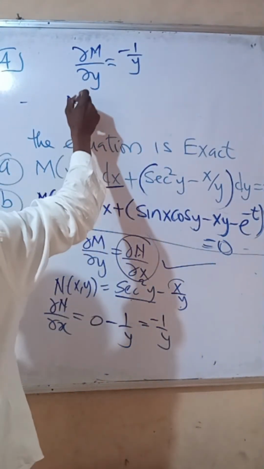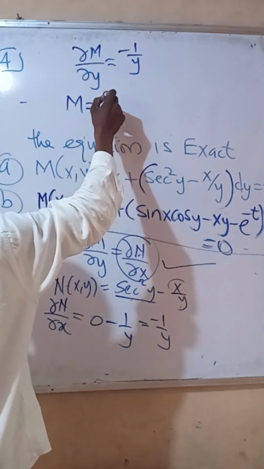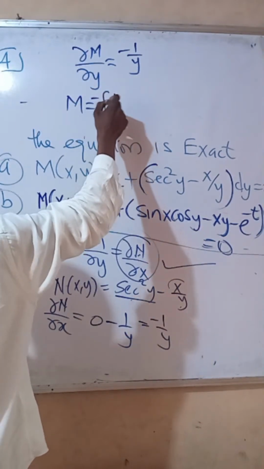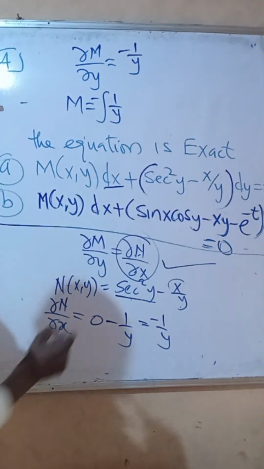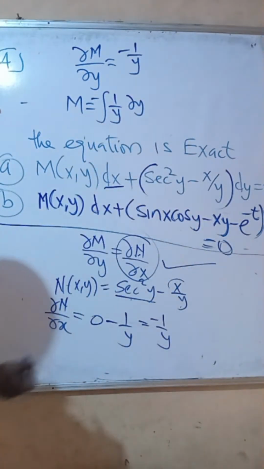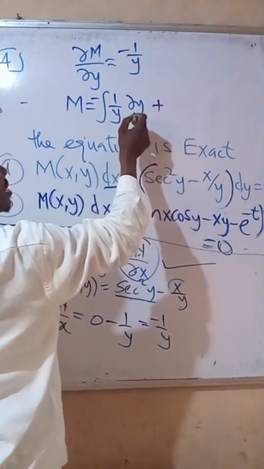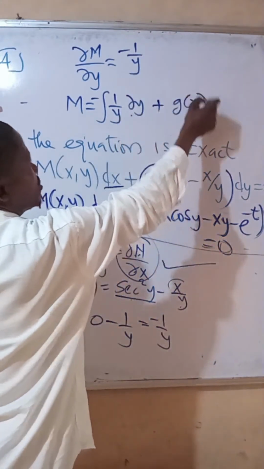So M is equal to what? M is equal to the integral of what? You can take the minus out. That's 1 over y dy. Plus, since it's a function of x, the constant will be what? G of x.